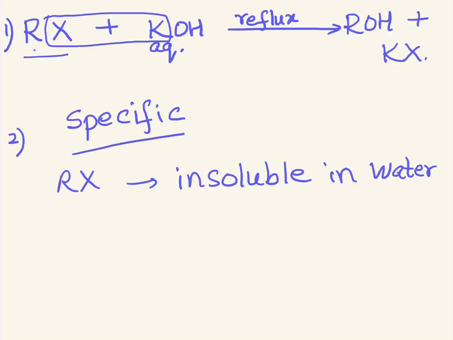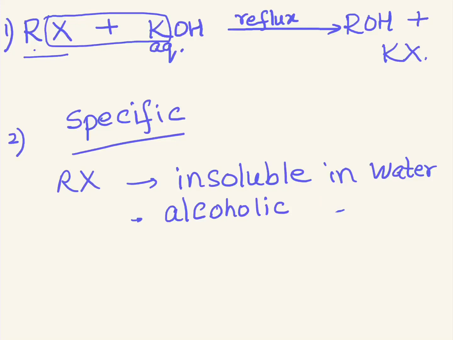You need to take them in a soluble form, and that soluble form happens when you dissolve them in solvents like water. So we will carry out these reactions in an alcoholic environment.